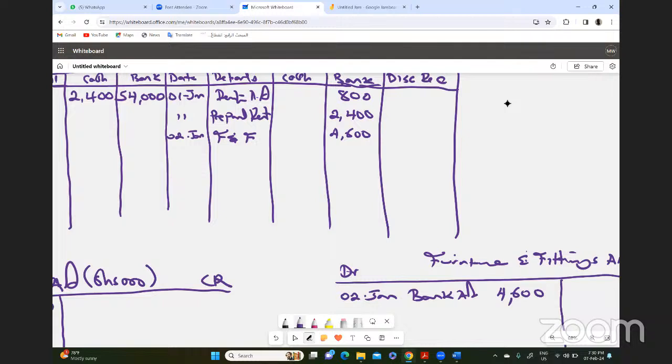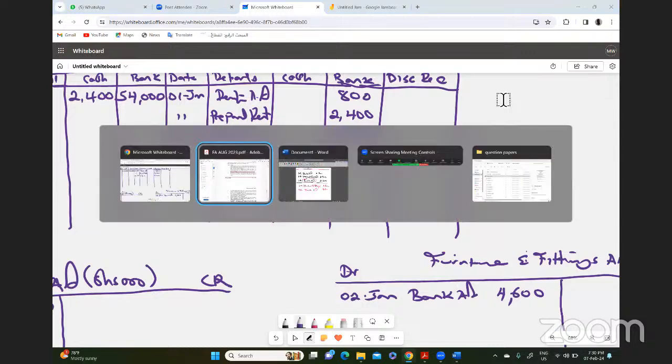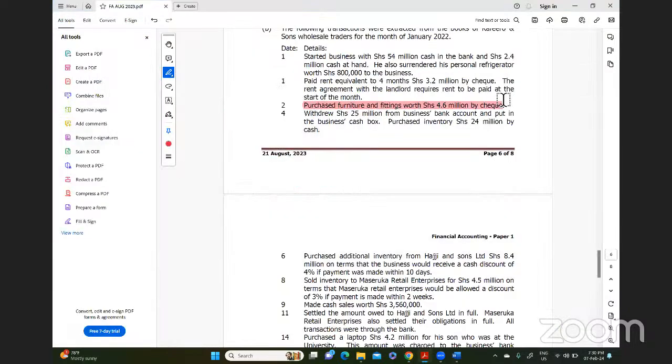Please, where you don't understand, you ask. Yes? I don't see where you have mentioned that date. On second, purchased. On second, the date is there. Yeah.